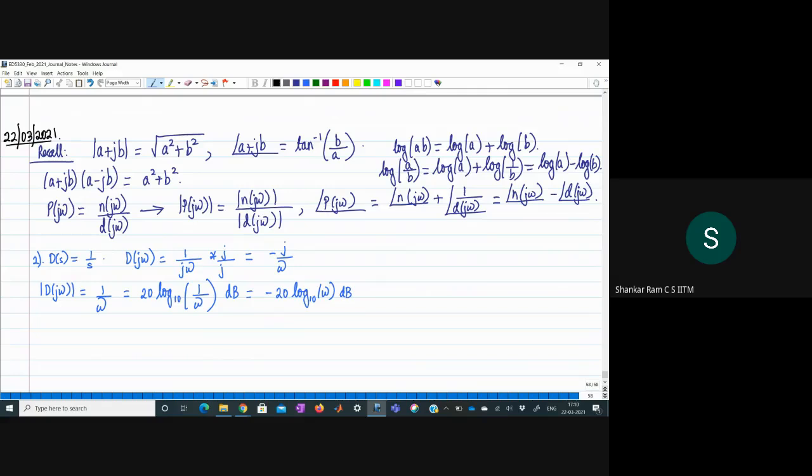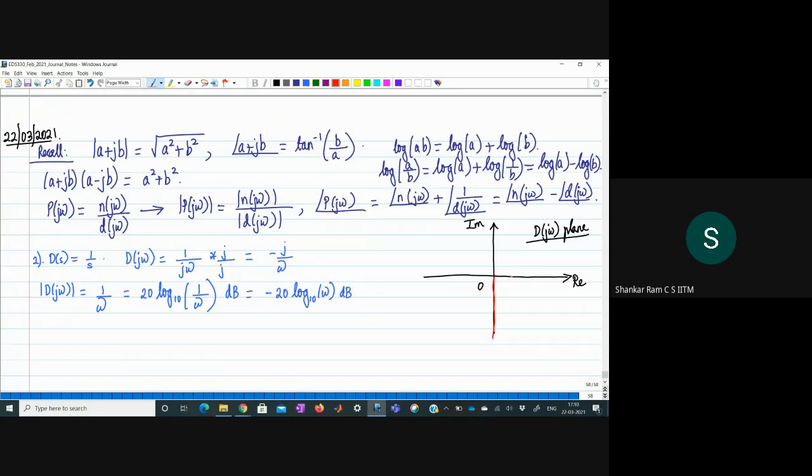And as I discussed, if we were to plot the evolution of this in a complex plane, what we call the D of j omega plane. Because this is the indicator of this factor D of j omega, immediately we can see that it lies along the negative imaginary axis, as omega varies.